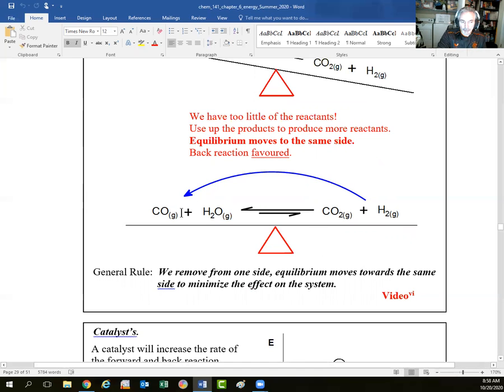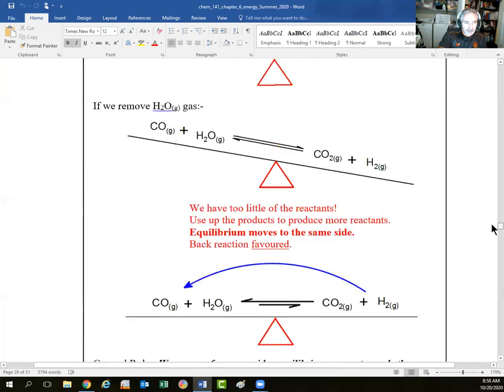And so for example here with the chemical removed on the left, we'd have to move from right to left. That's a movement to the left overall, favouring the back reaction. And again, if we think about collision theory, we can understand why that is. Removing the chemicals on the left, let's see, was it water?